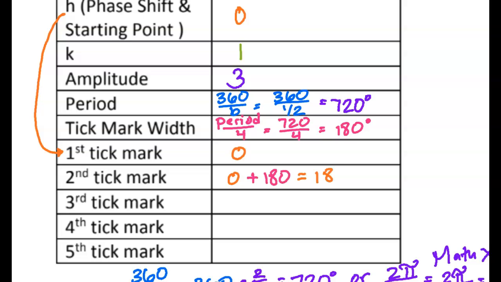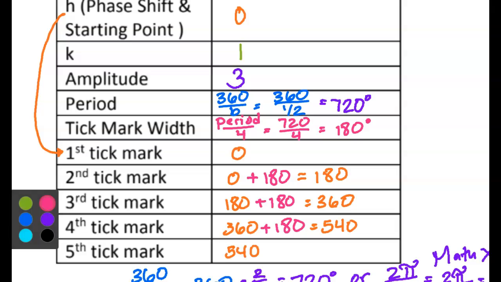So 0 plus 180 is 180. 180 plus the tick mark width 180 is 360. 360 plus the tick mark width is 540, and 540 plus the tick mark width is 720.